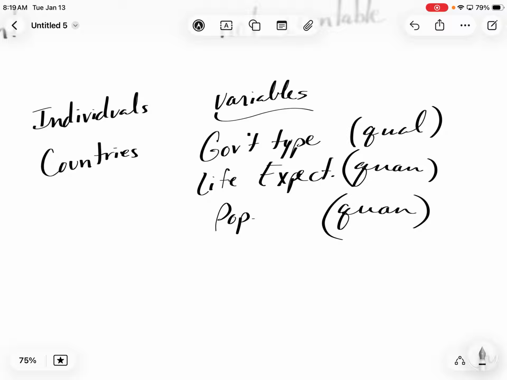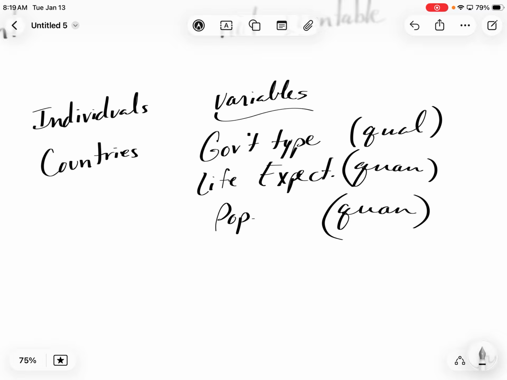Because you can't really count it, and there's so many things that go into it, like multiple variables. Perfect, exactly. That would be continuous because there's so many different numbers in there. It's kind of like that analogy I used: how many numbers are there between 0 and 1? It's too many.